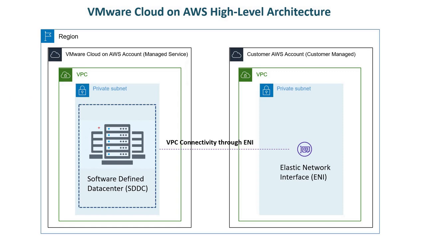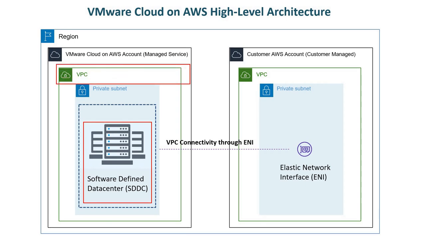So this is our software-defined data center, our VMware Cloud on AWS SDDC. Whenever we deploy it, there are two important requirements. The first is that we need to have a VPC created before we deploy our SDDC.